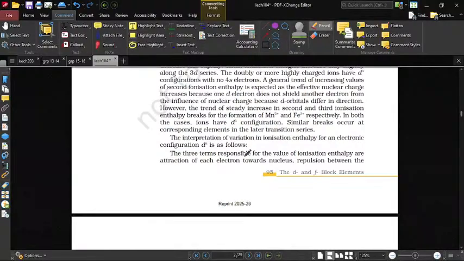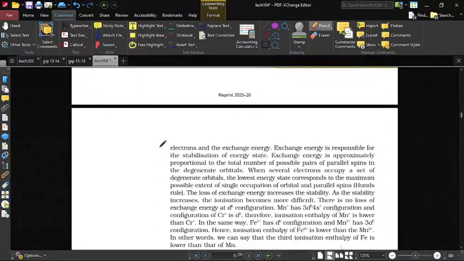The three terms responsible for the values of ionization enthalpy are attraction of each electron towards the nucleus, repulsion between the electrons, and exchange energy. Exchange energy is responsible for stabilization of energy state. Exchange energy is approximately proportional to the total number of possible pairs of parallel spin in the degenerate orbitals.